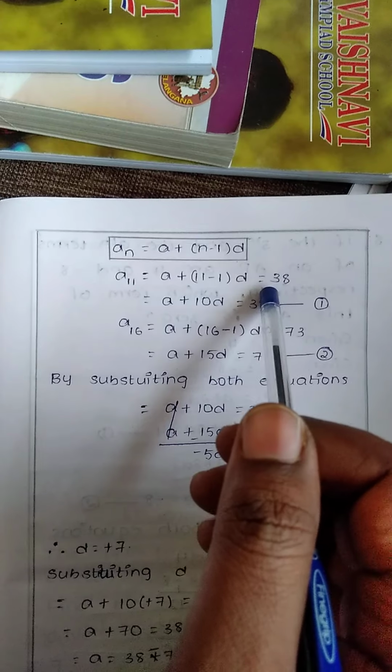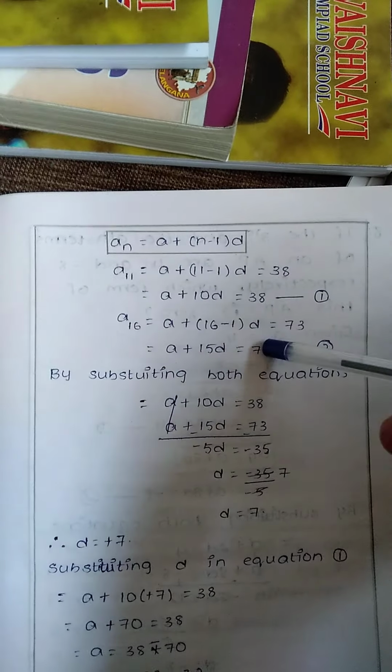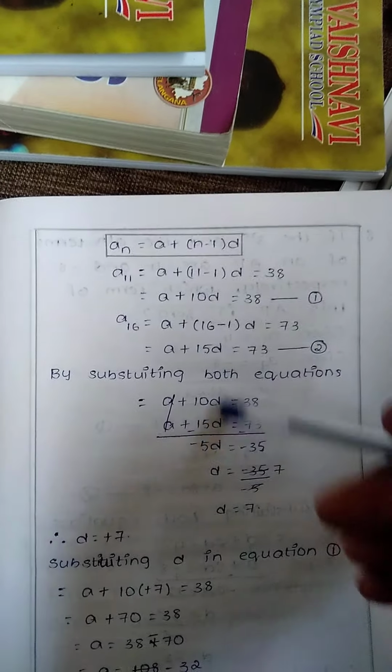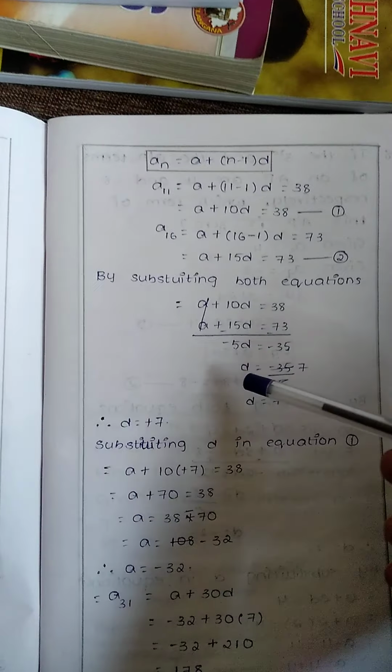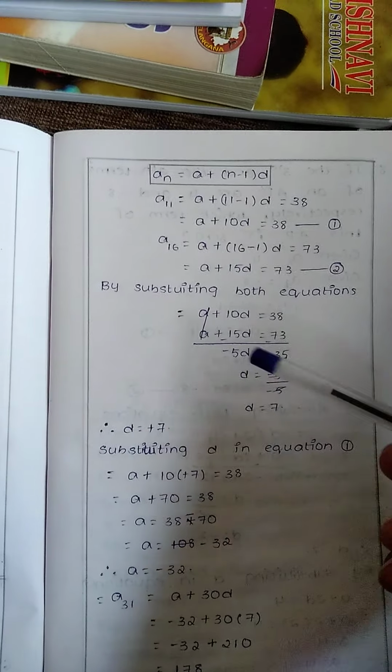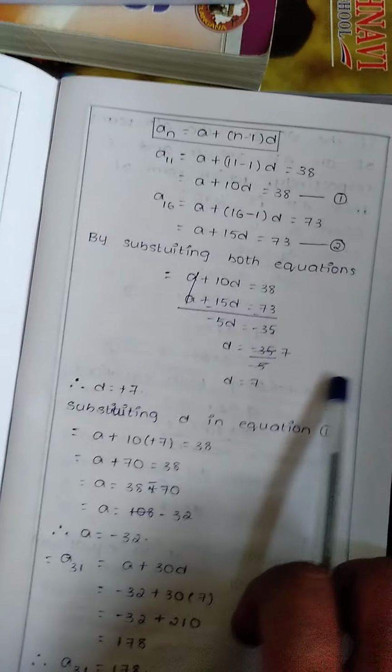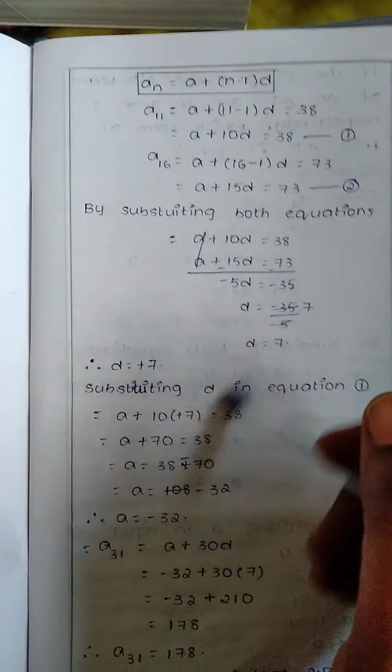We got two equations, so with these two equations we can use the elimination method and get the value of D and A. If you know A, D and n values, however many terms we want, that many terms we can find.